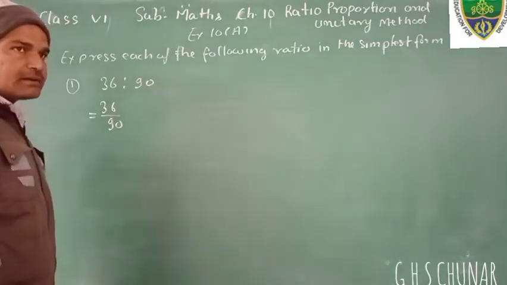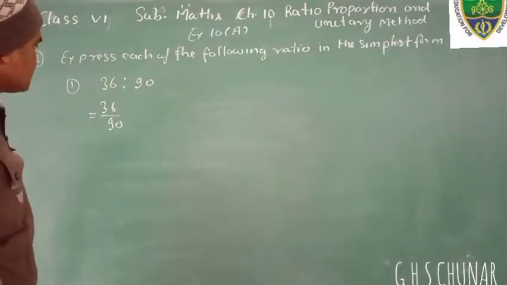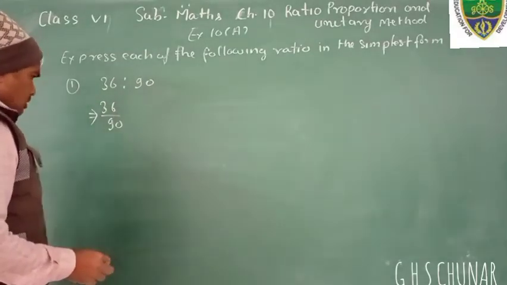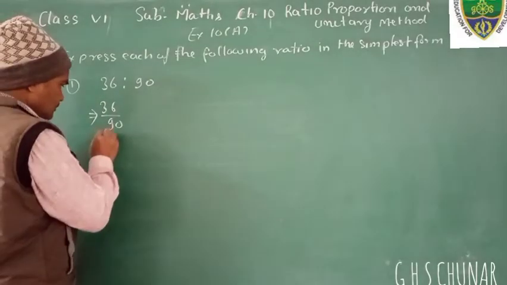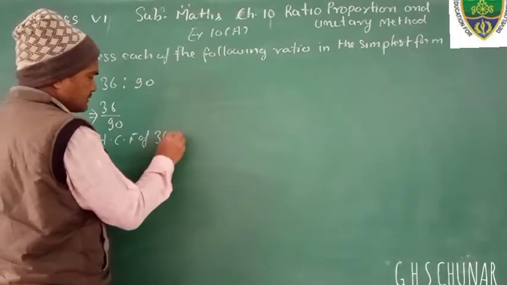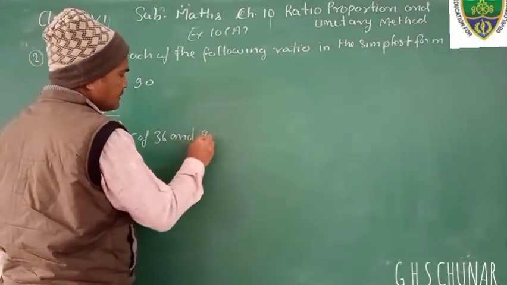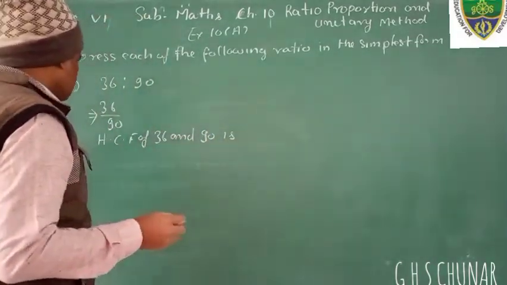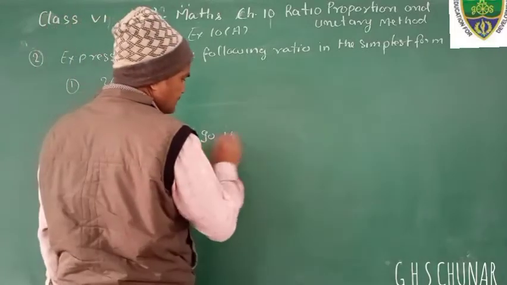Now we divide it by the HCF of 36 and 90, that is 18.